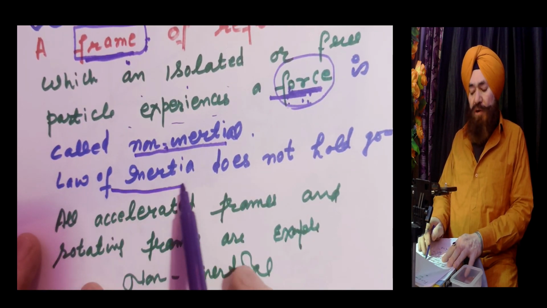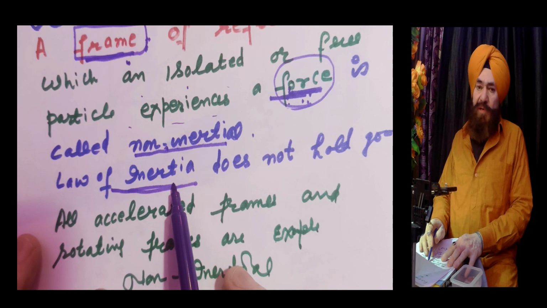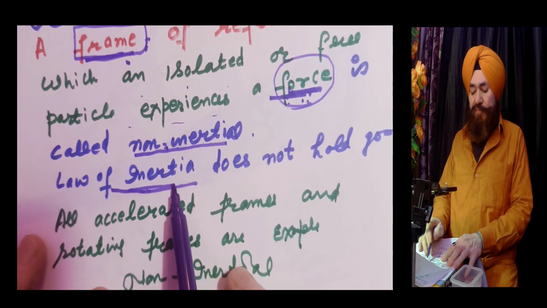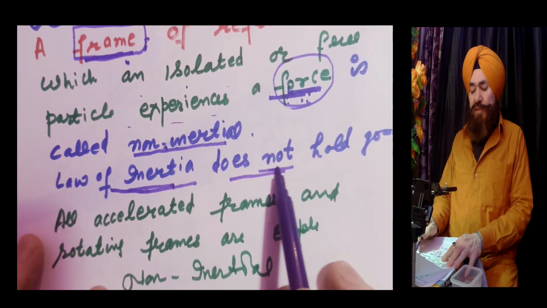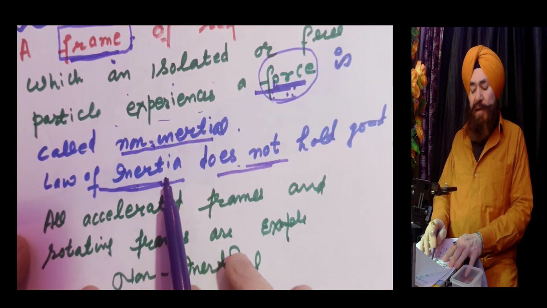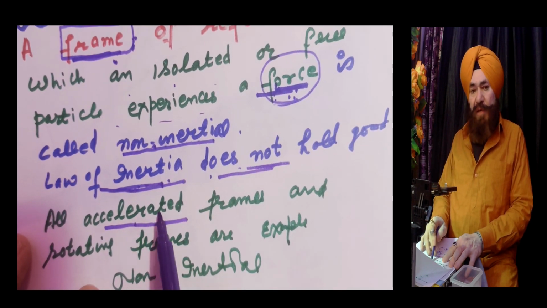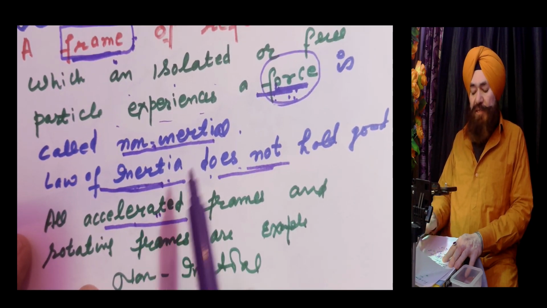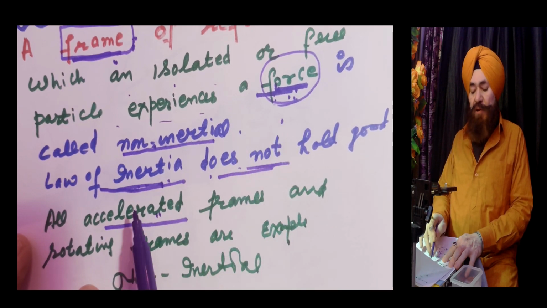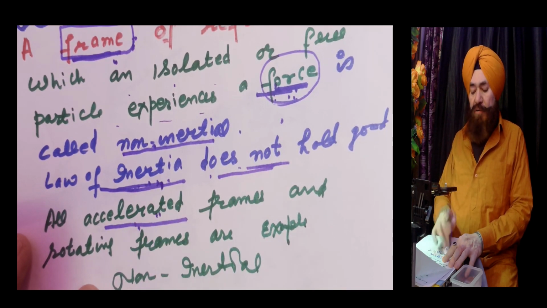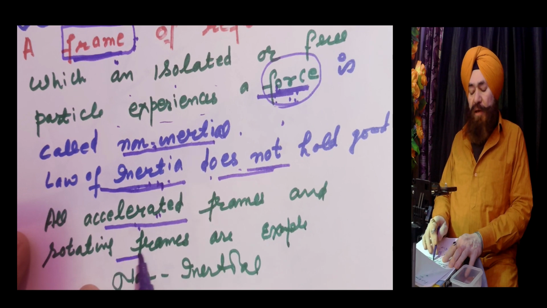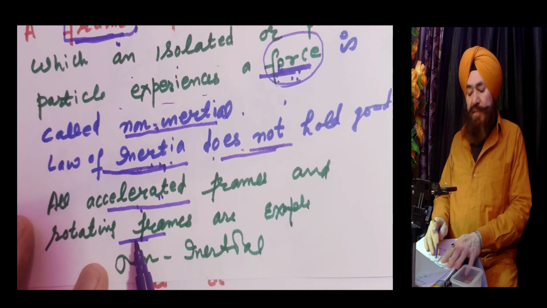If there is a space and there is a force, that means non-inertial. And what are the inertial laws? Newton's first law, second law, third law, they are inertial laws. They do not hold good in an accelerated frame, meaning in a space where there is acceleration, there is a force, and there will be no inertial law. What are the examples?